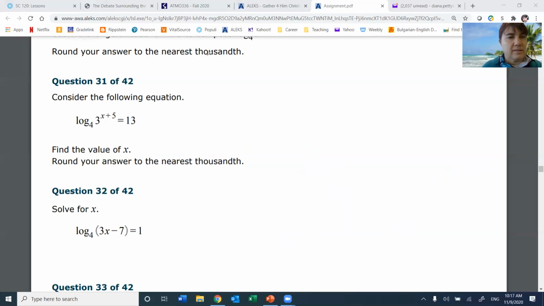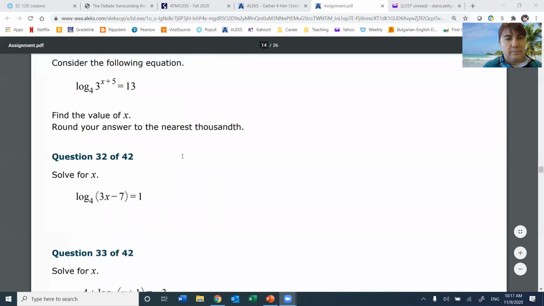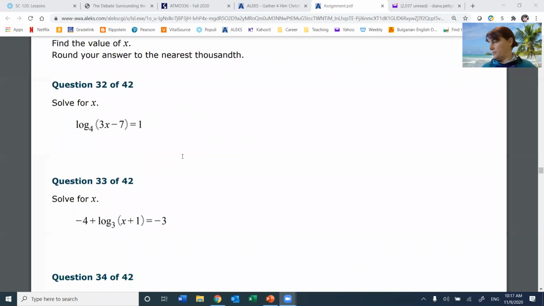Okay, so the next is 32. Let's do 32. What shall we do? We'll do similar things. Because X is the logarithm, we want to get it out.